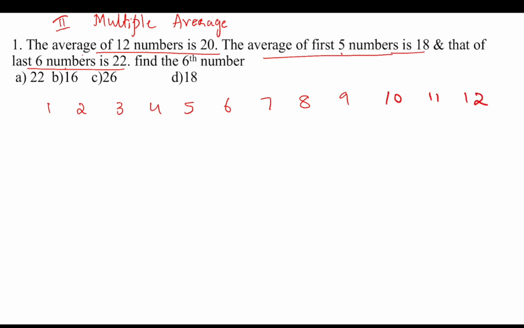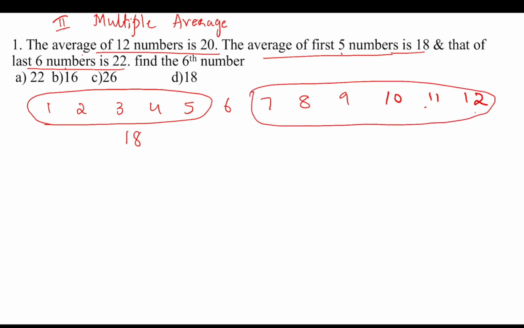The average of first 5 numbers is 18. Then the average of last 6 numbers, that is 1, 2, 3, 4, 5, 6, is 22. So when first 5 numbers and last 6 numbers are given, then the remaining number will always be the number which they require, that is the sixth number.